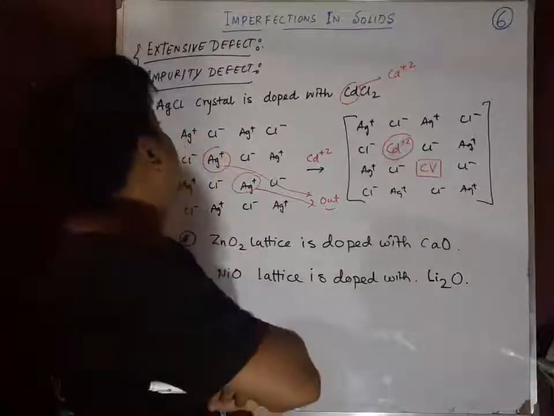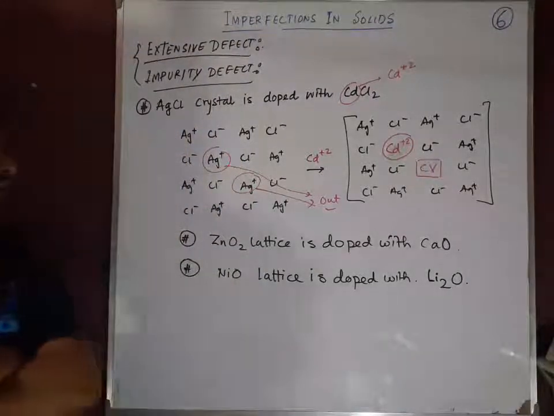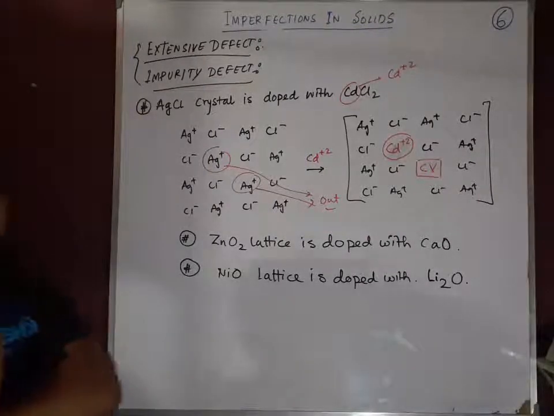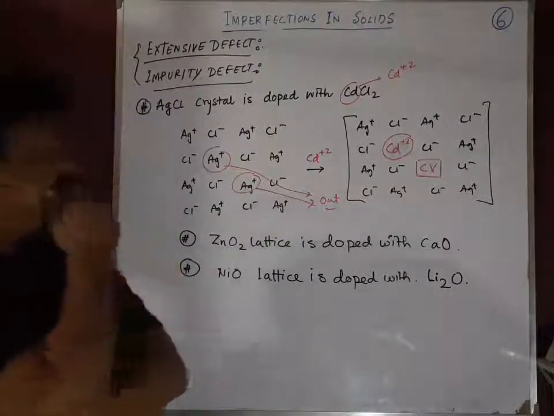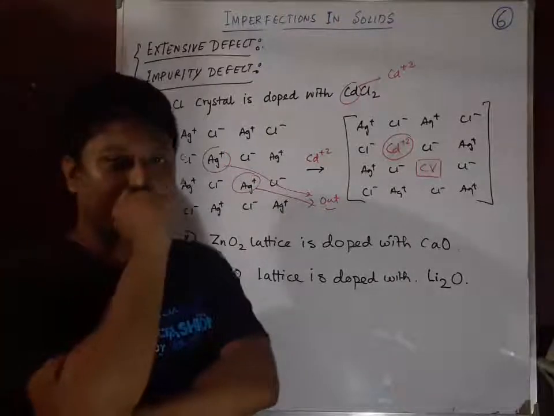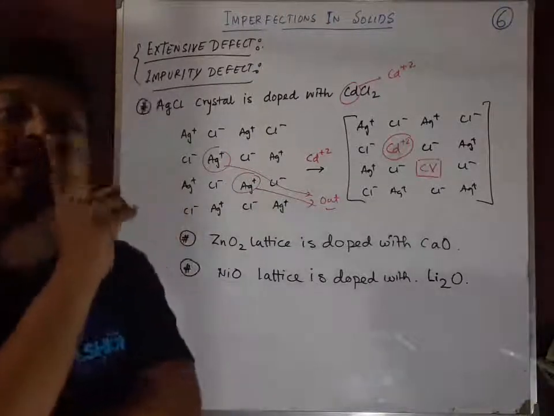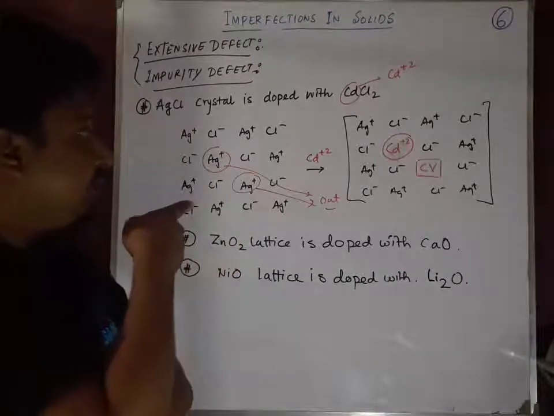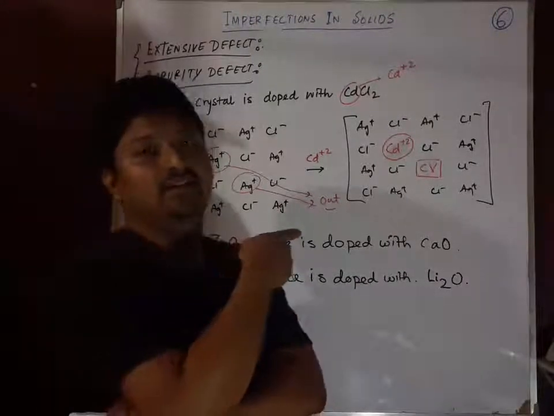And what happens in impurity defect? If you dope silver chloride with cadmium chloride, 2 silvers are replaced by 1 cadmium to maintain electric neutrality, and 1 cationic vacancy is observed.